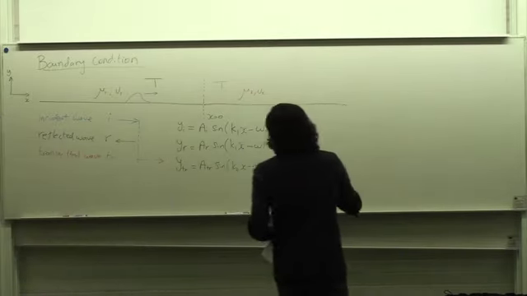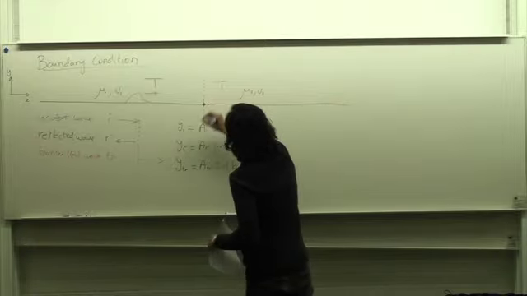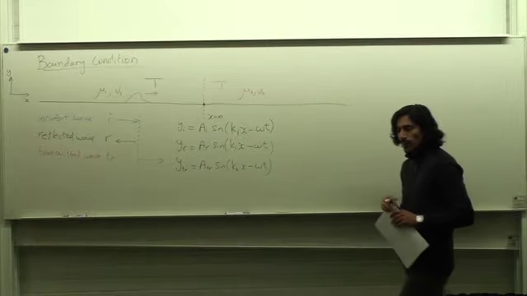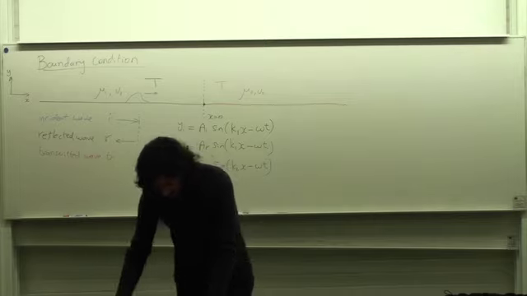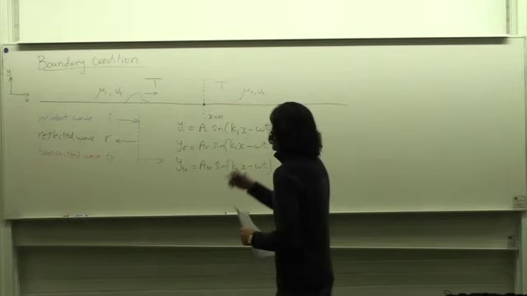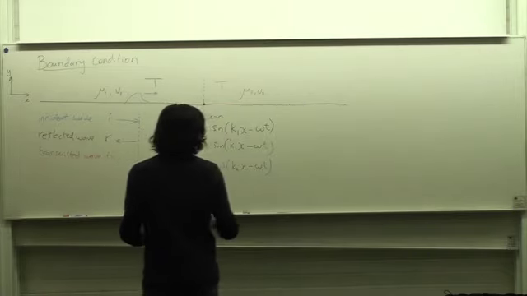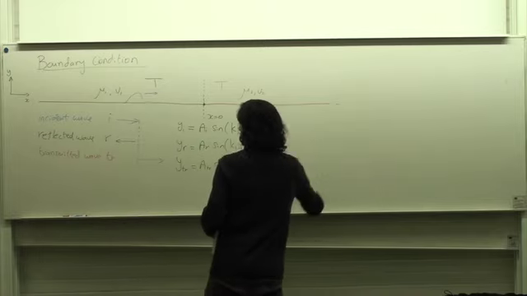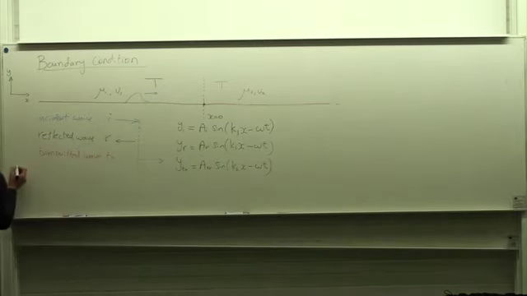Now we need to know the boundary here, and it's all about the boundary. What's happening at that point? That gives us the conditions for the boundary. So we can write the boundary conditions at x equals 0.